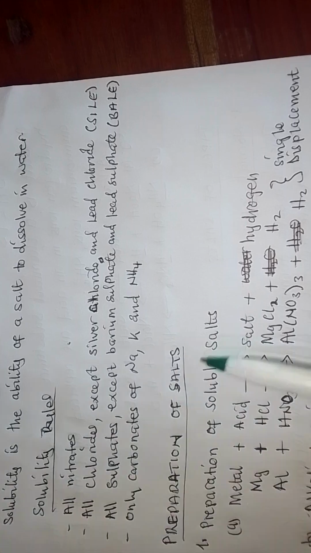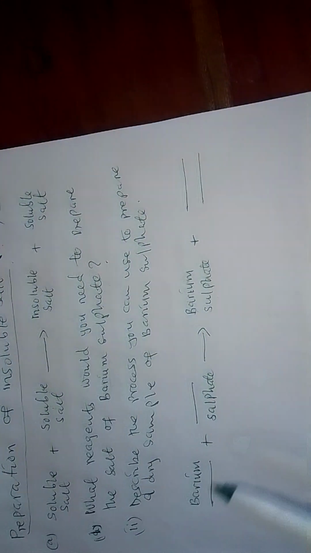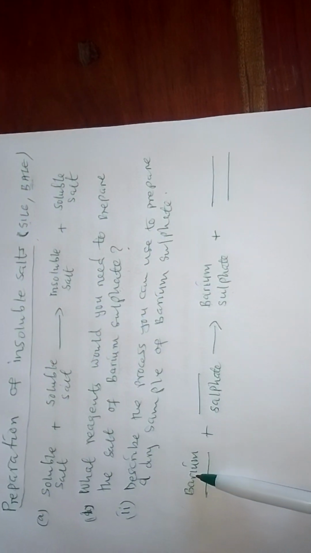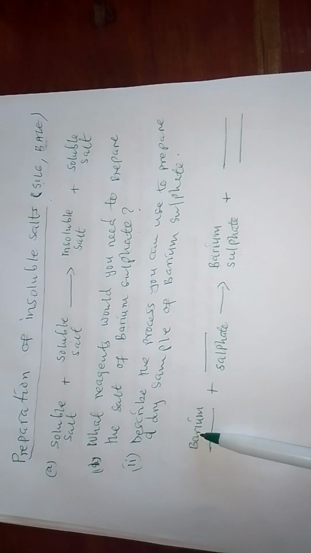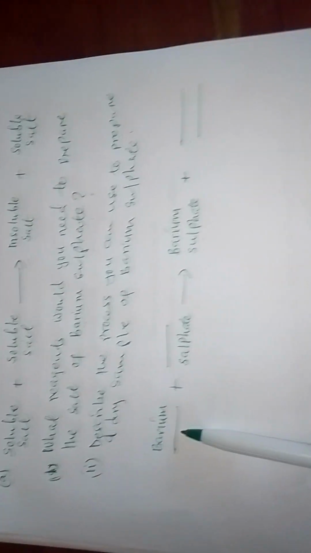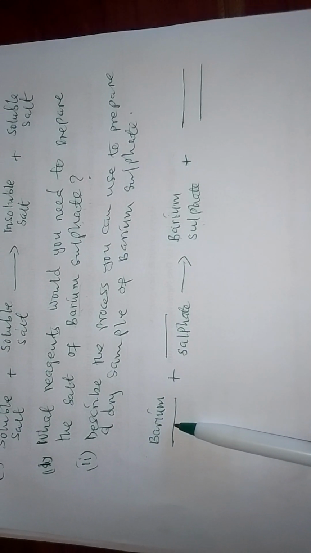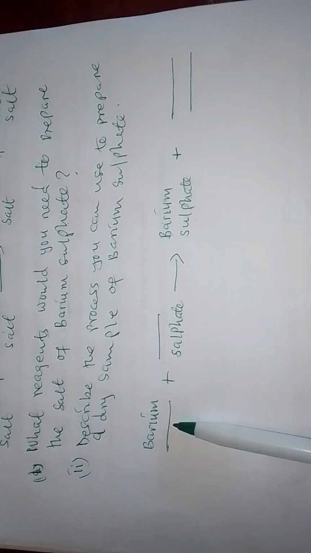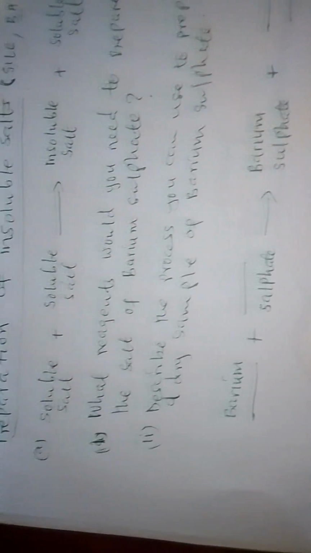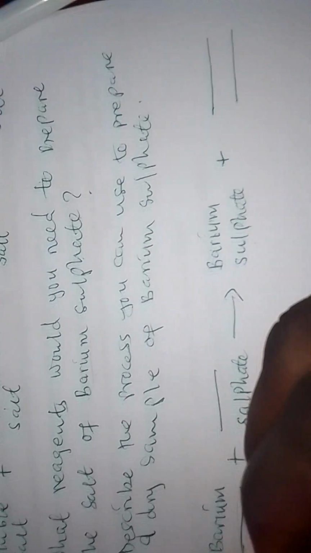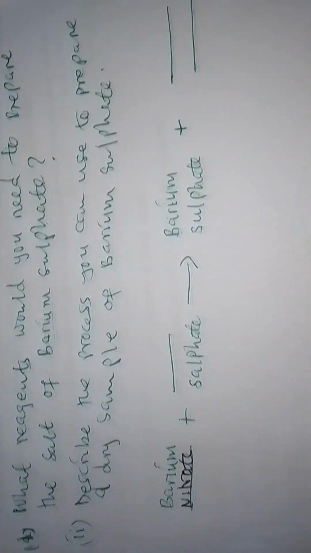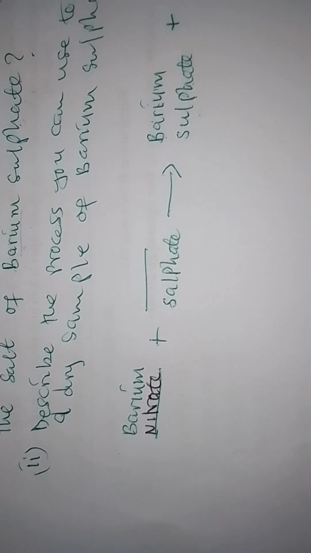So the easiest way of identifying a soluble barium salt is to use nitrates. We all know that nitrates are soluble, all of them. So the only barium salt that is soluble here is nitrate. You are going to put nitrate here. It will be barium nitrate.